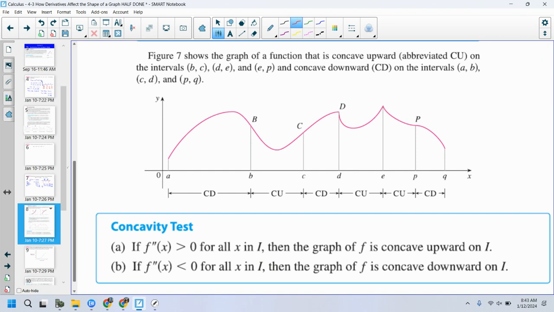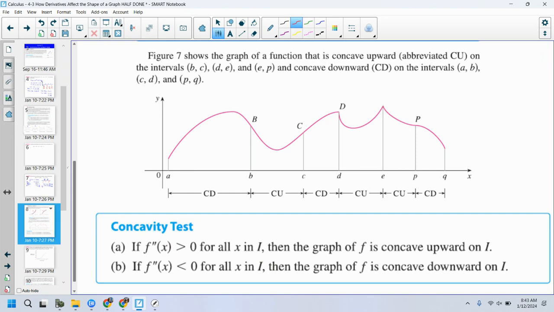If f double prime is positive, if f double prime is greater than 0 for all x in the interval, then the graph is concave upward. So that means if the second derivative comes out positive, then it's concave upward. And again, we're relating this back to what we were thinking about during the first derivative test, right?